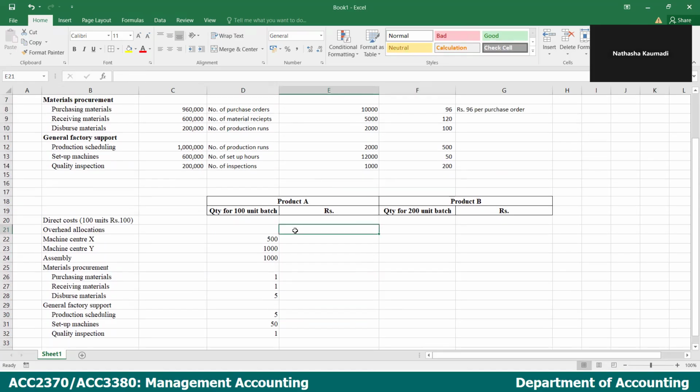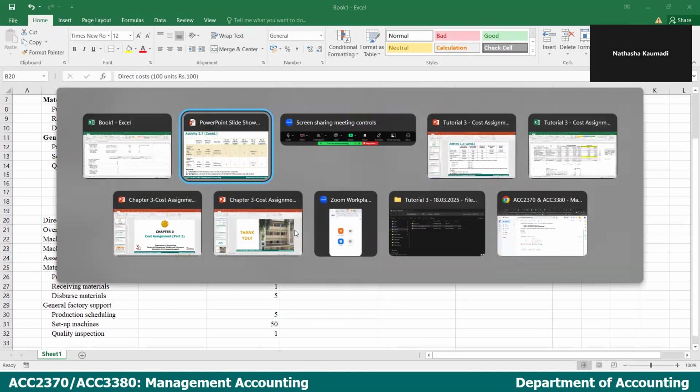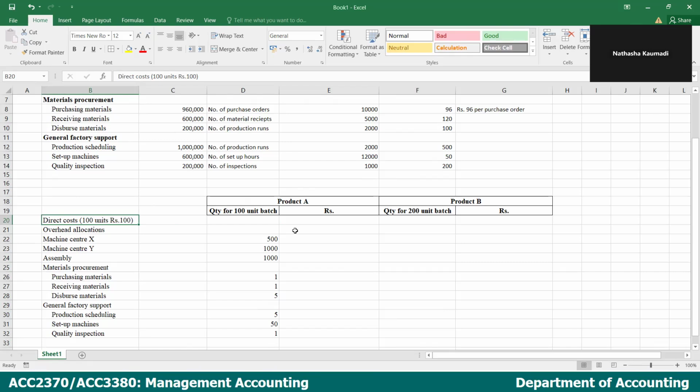Fine. Now, when you calculate the unit cost, it can be the traditional absorption costing method or the activity-based costing method. Both methods we use only for overhead costing. Since we can't directly identify the overhead cost to products, that's why we call it overhead, indirect.